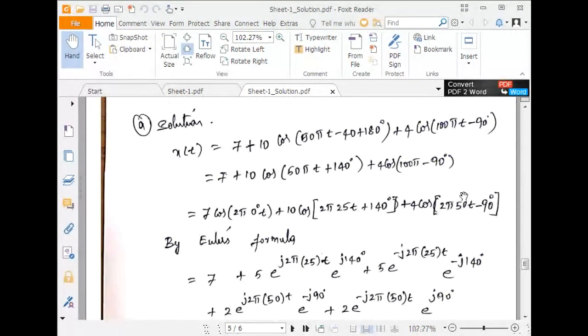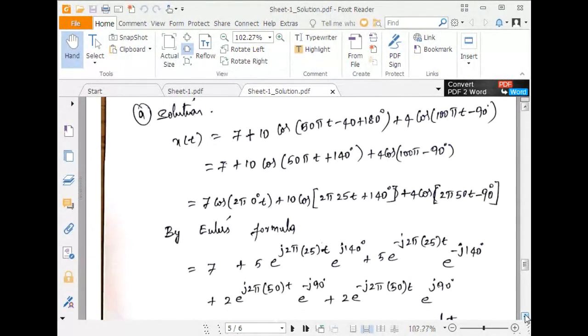You're right, sir. We can do it with odd signals, but for understanding purposes, an even signal is good to draw the spectrum, either phase or magnitude. Both sides should be even. That's why we take cos and also positive.